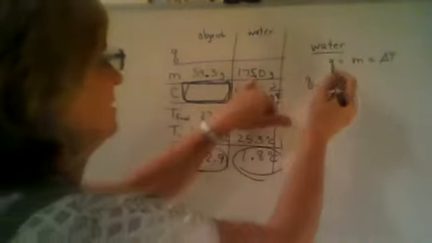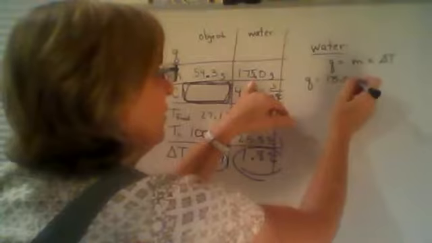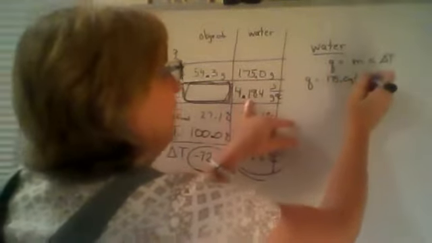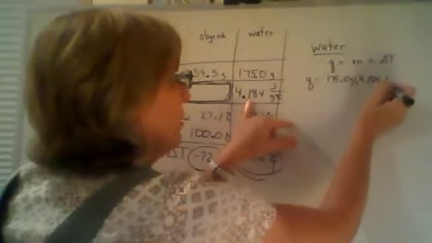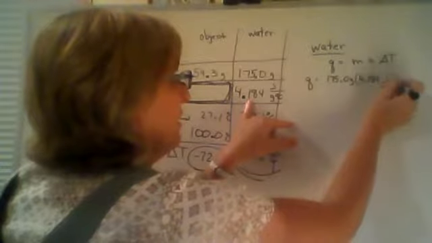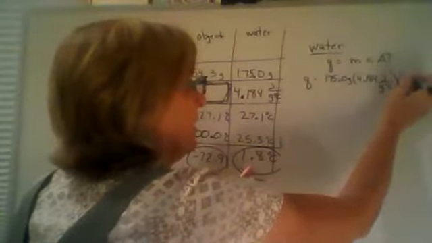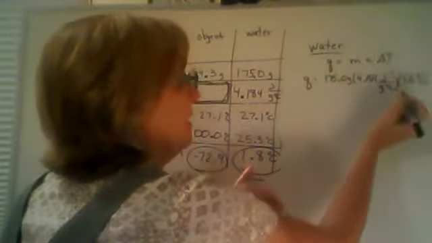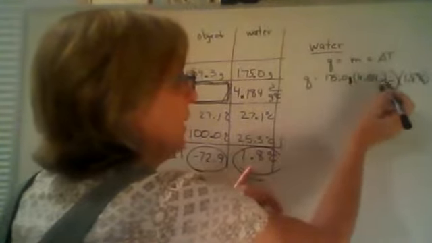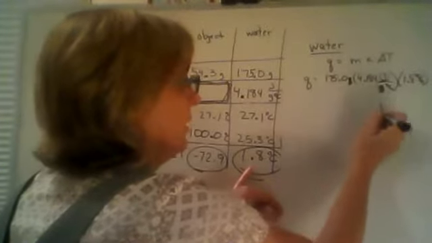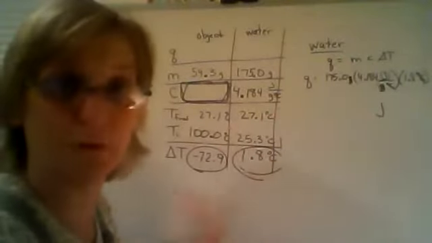I know mass is 175.0 grams times 4.184 joules per gram degree centigrade times the delta T, 1.8 degrees centigrade. You can see that degrees Celsius goes away, grams go away, leaving us with joules, which is our unit for energy. So we know we're getting the right thing.